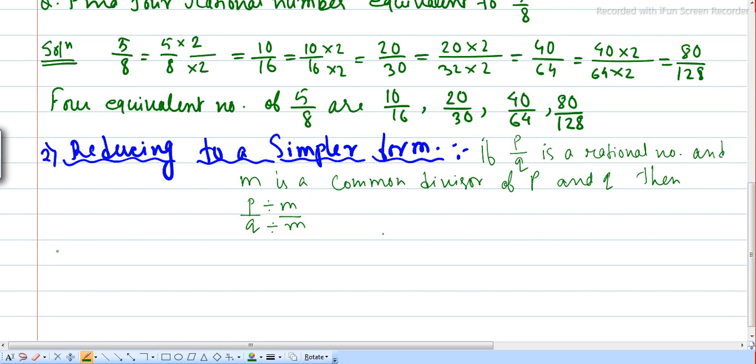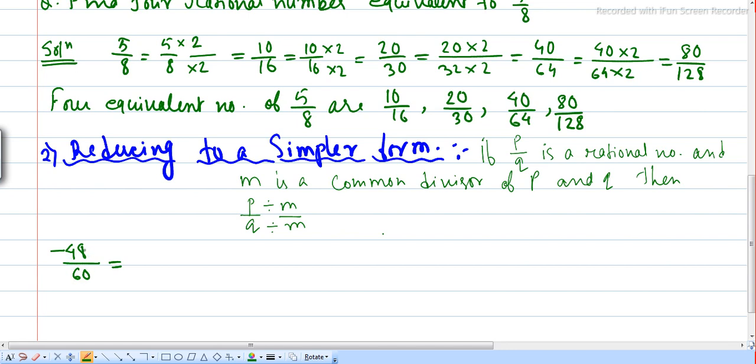So let's take an example. If we take a number minus 48 by 60. Now you see, first you find a common divisor of 48 and 60. How are you finding the common divisor? With the help of HCF. Okay.